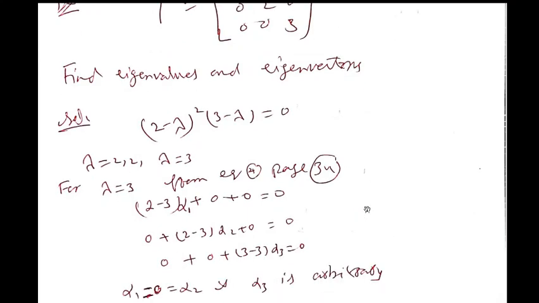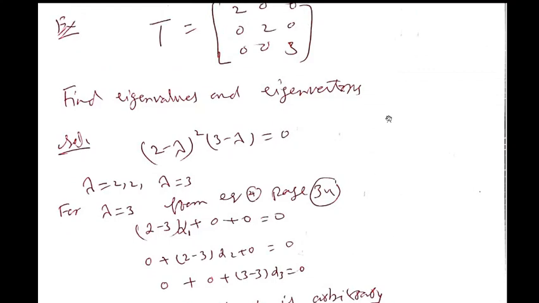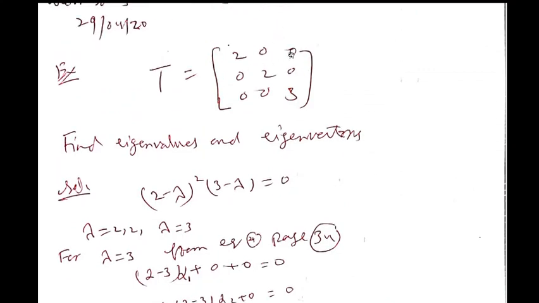Now for λ = 3, we will calculate the eigenvector. For λ = 3, we have to go back to page 34, equation number 4, where we will use λ = 3. (2 minus 3) into alpha 1 plus 0 into alpha 2 plus 0 into alpha 3, because t12 is 0 and t13 is 0.